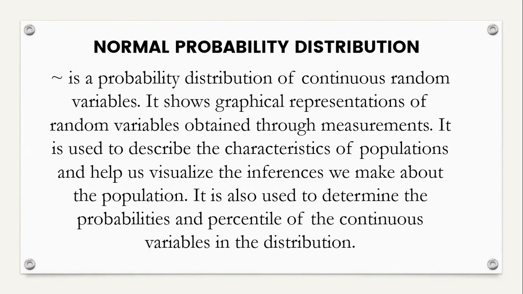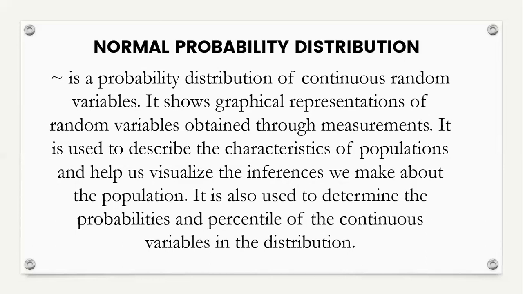Okay. So when we say normal probability distribution, it is a probability distribution of continuous, remember continuous and discrete random variables. Any variables obtained through measurement are examples of continuous random variables. So the normal probability distribution shows graphical representations of random variables obtained through measurements.